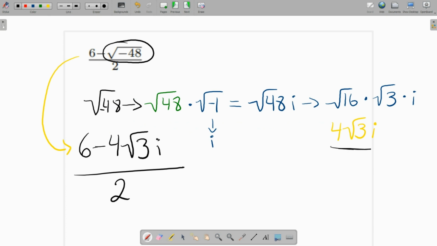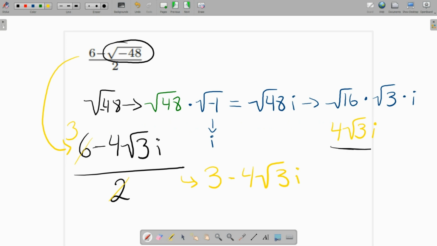Then if we simplify this, we would get 2 divided into 6 is 3. And if we write this in standard form, we would get 3 minus 2 square root of 3 i.